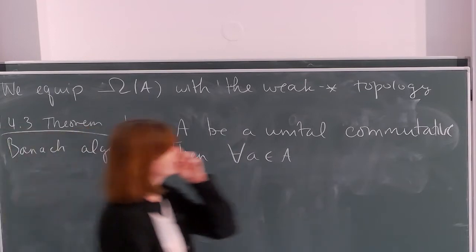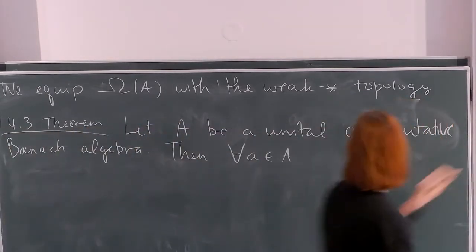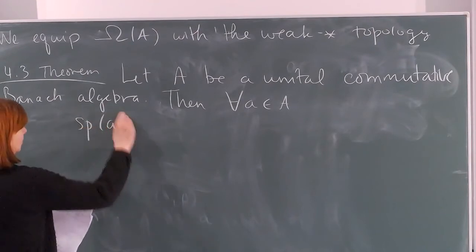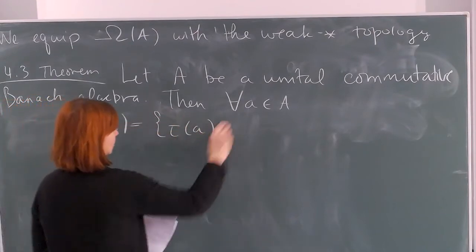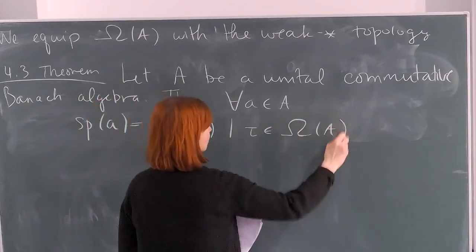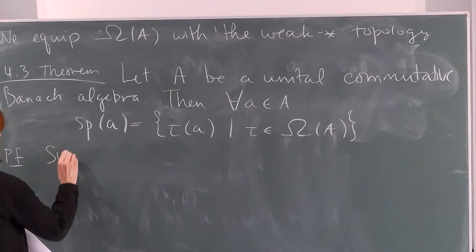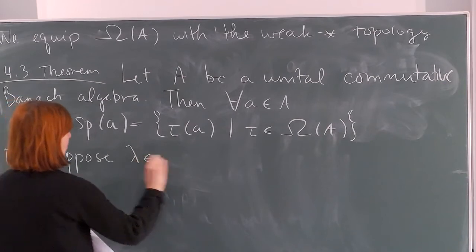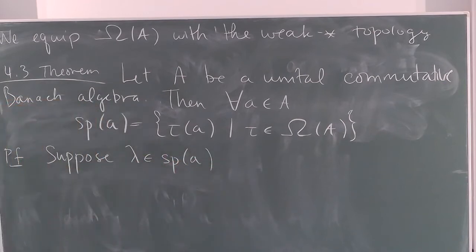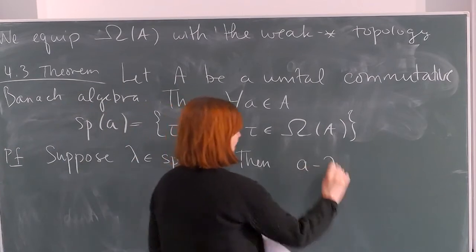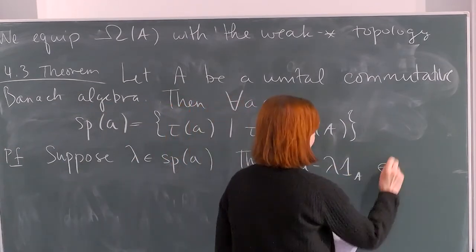Okay, so in the last theorem, we saw that tau of A is always contained in the spectrum of A. And this tells us, in fact, that it is the entire spectrum of A. Okay, so we saw the one direction that this is contained in here. So let's show the other direction. Suppose we have some lambda in the spectrum of A. Then by definition, we know that A minus lambda 1A is not invertible.